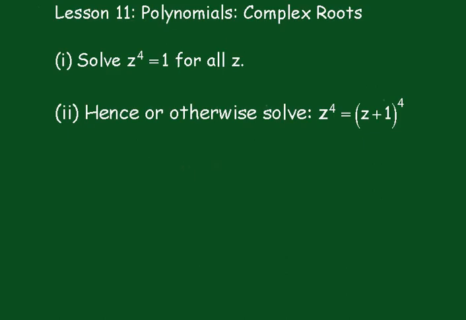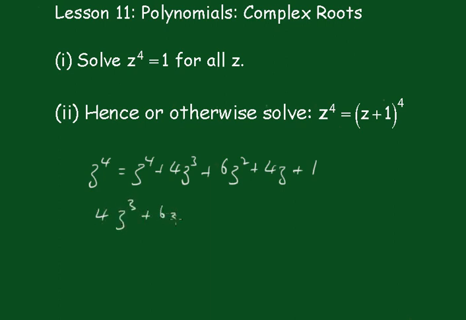Alright, now the otherwise method, what we'll do now, I'll just remove those brackets on the right hand side using the Pascal triangle result. We get z to the fourth equals z to the fourth plus 4z cubed plus 6z squared plus 4z plus 1. Of course, these go out and we get 4z cubed plus 6z squared plus 4z plus 1 equals 0.